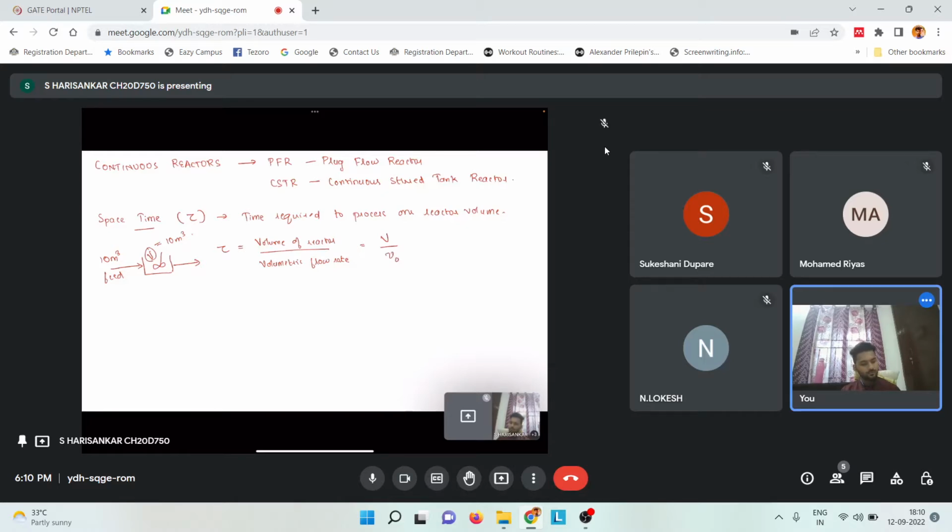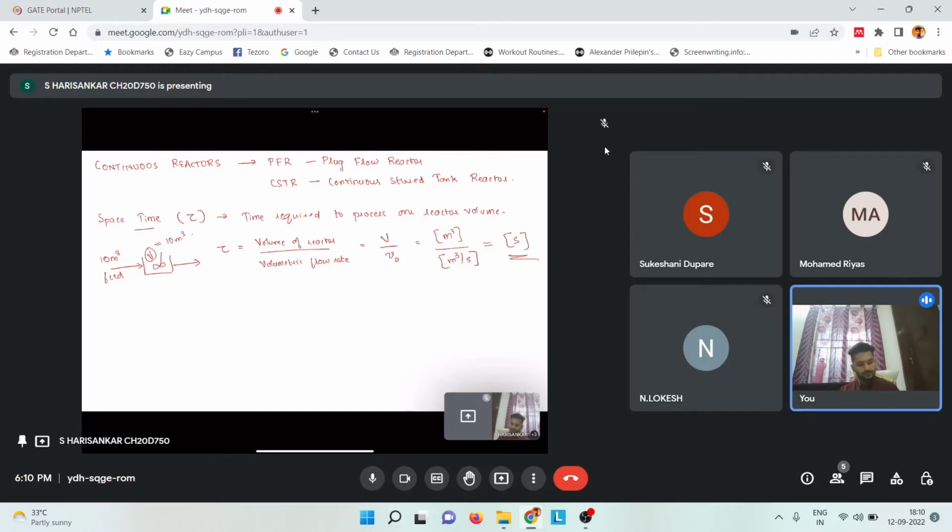The unit of tau is basically, for volume we have meter cube, and for volumetric flow rate, meter cube per second. So the unit comes out to be second. Again, space time is the time required for the reactor to process one reactor volume of a reactant. So this is called space time.